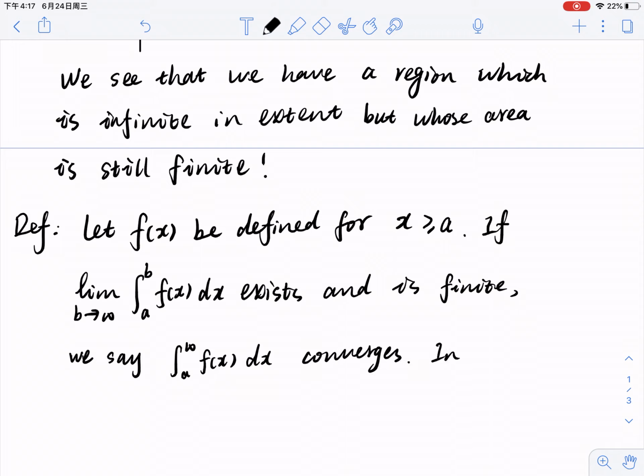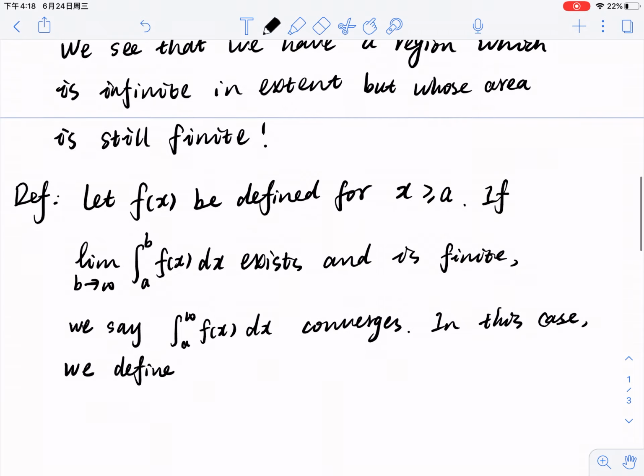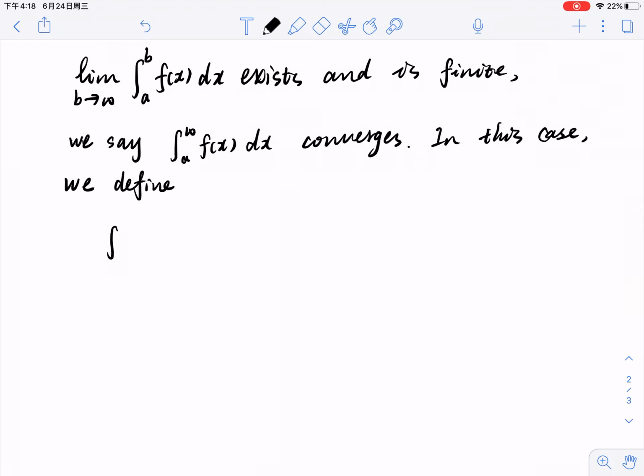In this case, we define the integral of f(x) from a to infinity to be the limit, as b goes to infinity, of the integral of f(x) from a to b.